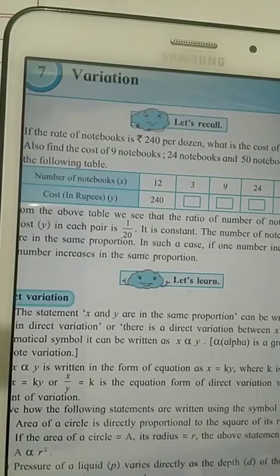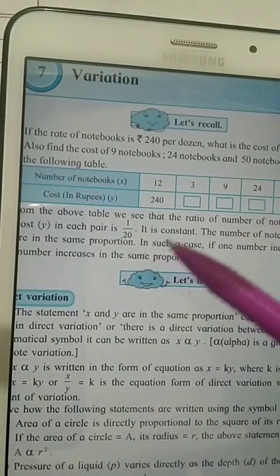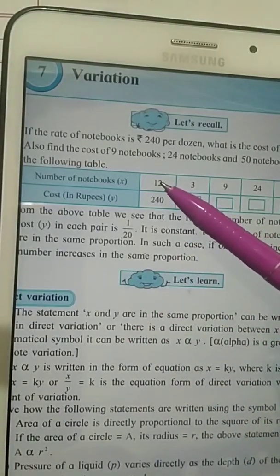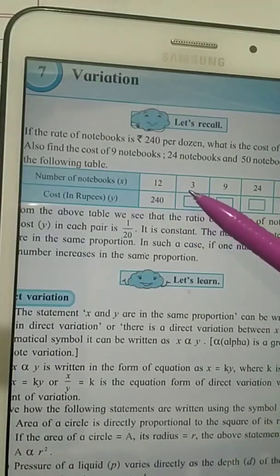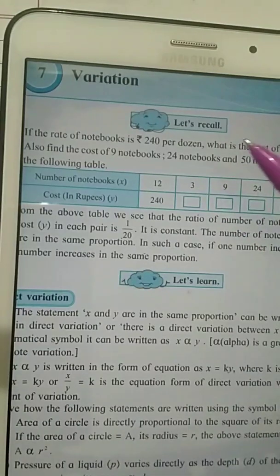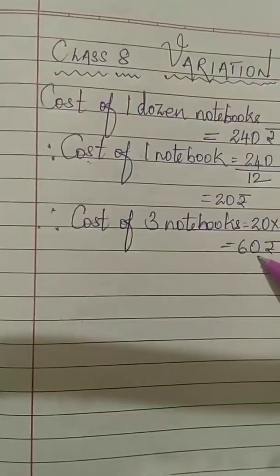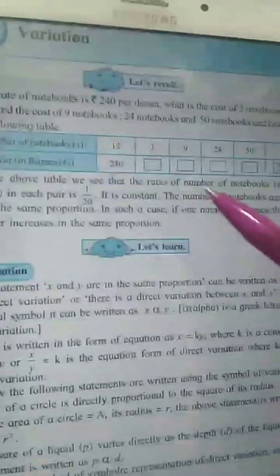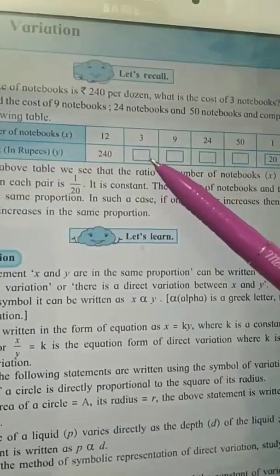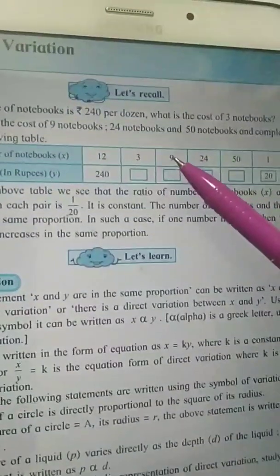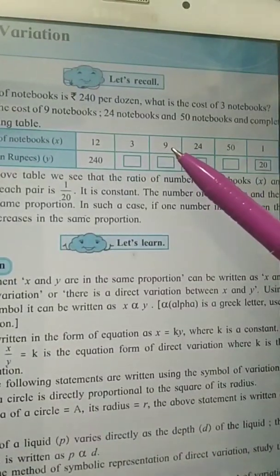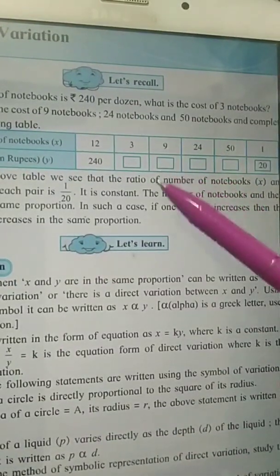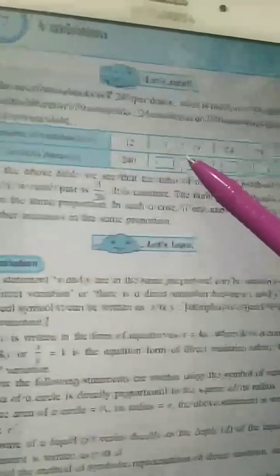Okay. Similarly, let us take the remaining part of the sum. So, 12 notebooks cost 240, 1 dozen. So, how many for 3 notebooks? We got for 3, 60 rupees. So, in the first box you will write 60. What will be the cost of 9 notebooks? 9 into 20, that is 180 will come here.